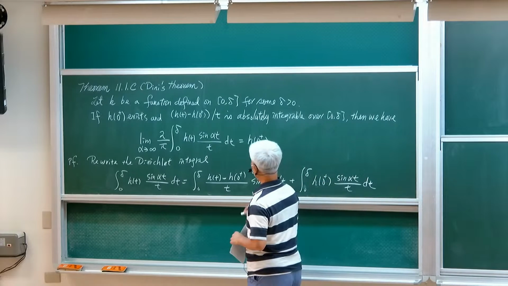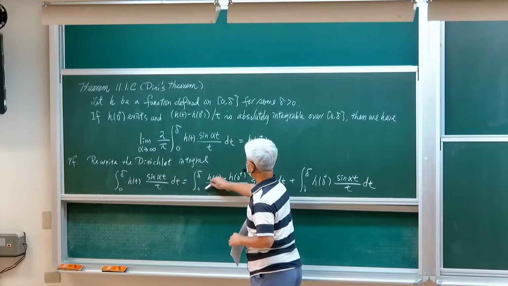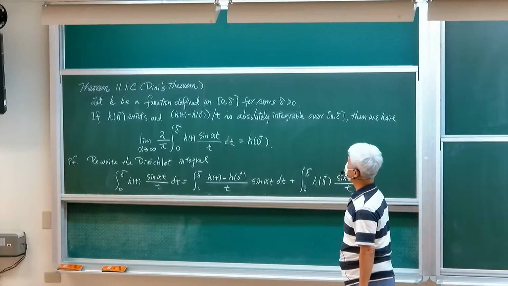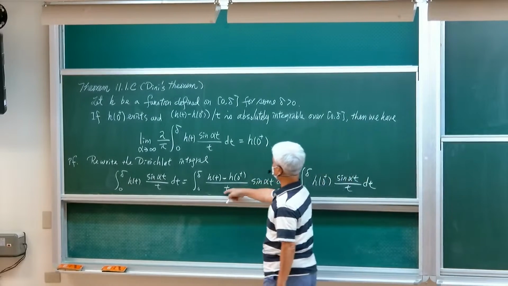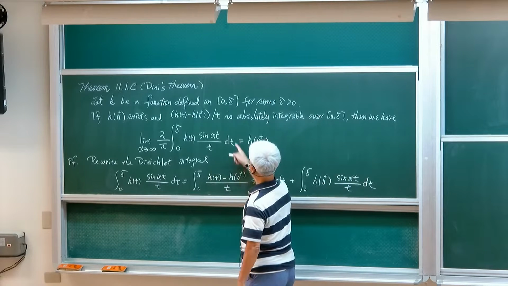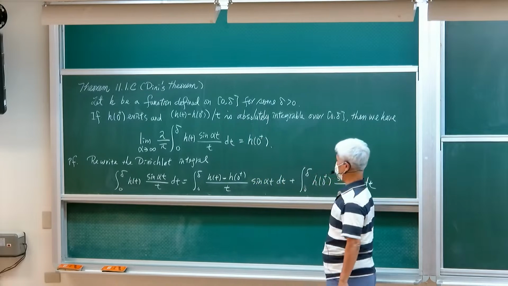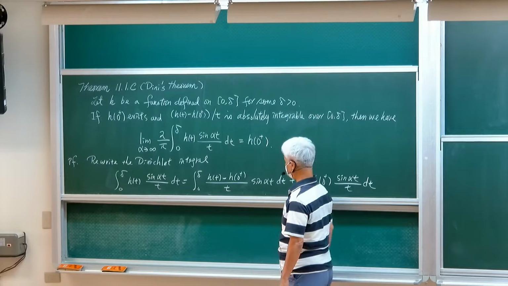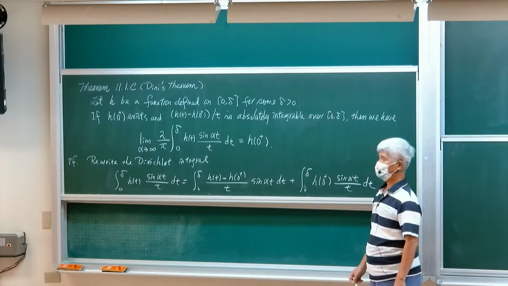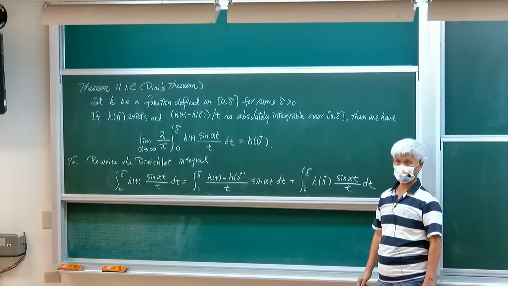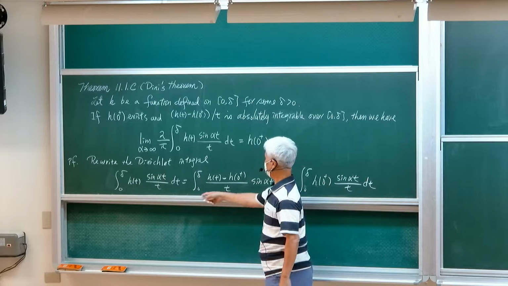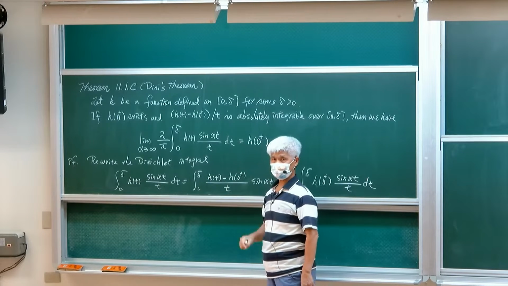And we know this term here, by our assumption, is absolutely integrable. So we can apply the Riemann Lebesgue lemma here. So as alpha goes to infinity, this integral goes to 0.